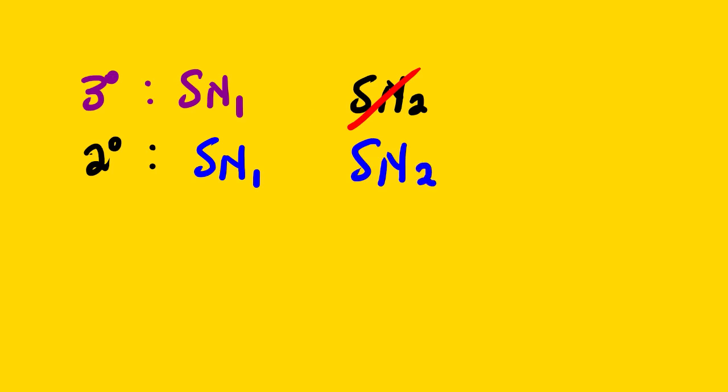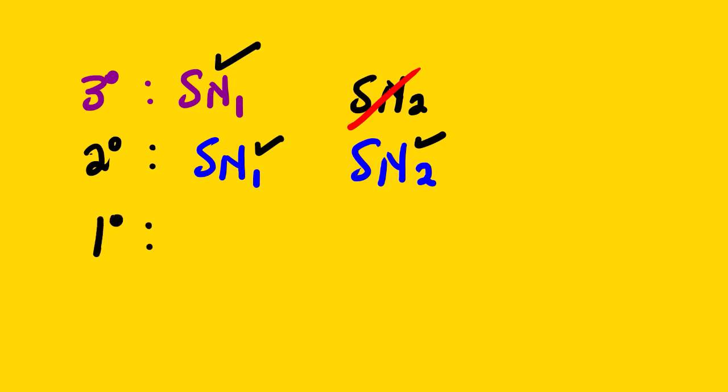If we have a secondary substrate, it does not favor SN1, but it is possible. And it does not favor SN2 either, but it is also possible. So there is a possibility that it might go SN1 or SN2, so you should look at other factors, other properties. Remember that for tertiary, SN1 will be favored, SN2 will not be favored.